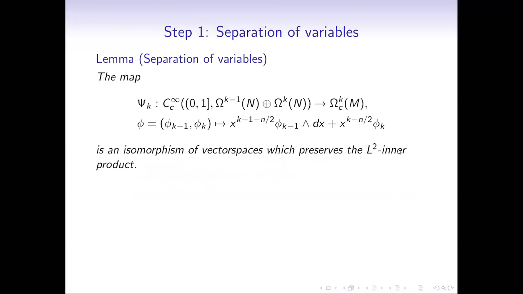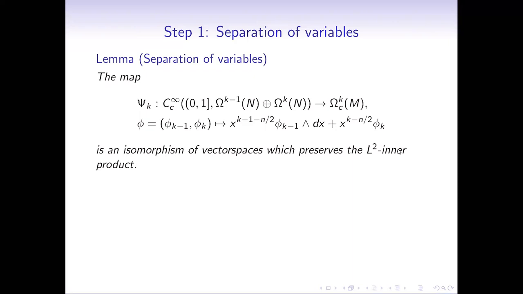So that's what we see happening here. We have our K-form on N and our K-1 form on N wedge dx, which is the general form for a K-form on M. And then these factors here make this an isomorphism of L2 spaces.